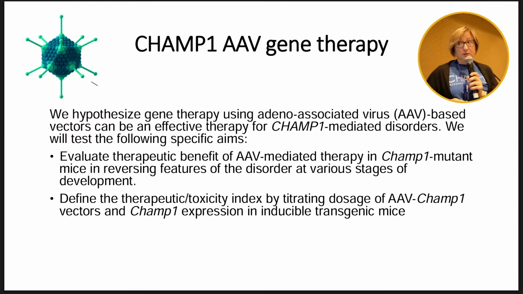We are going to evaluate the therapeutic effects of AAV using our mouse model. Also, in the same model, we will estimate therapeutic toxicity and the toxicity index by titrating doses of AAV vectors.